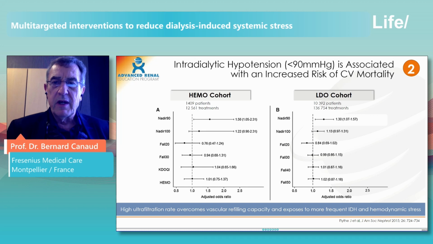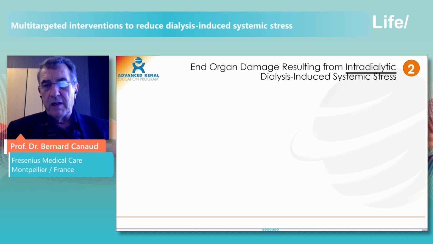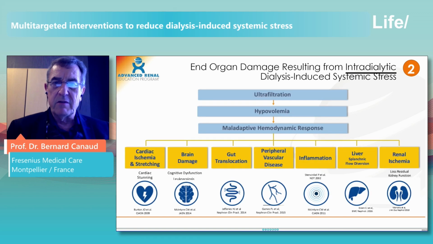The same group clearly showed that every episode of intradialytic hypotension, less than 90 millimeters of mercury, is associated with a 40 to 60% higher risk of mortality. So you understand the link between high fluid removal, hypotension, and this high risk of cardiovascular mortality.